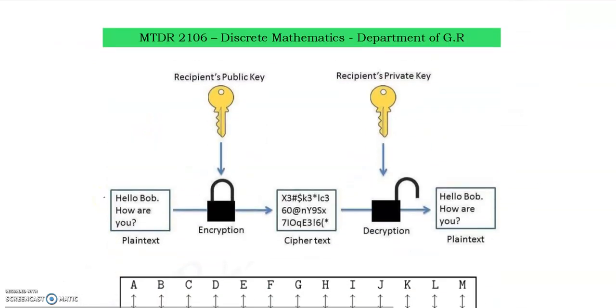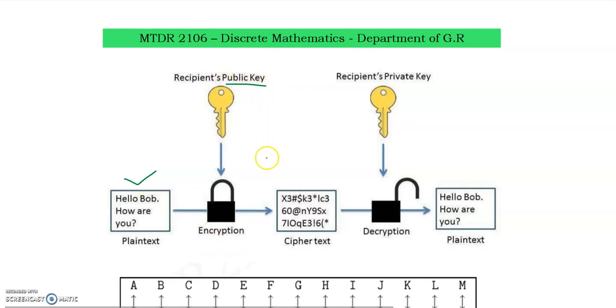Now, suppose this is the plain text, the real message. What we did in the encryption, by using the public key, we encrypted the real plain text message into the ciphertext. That is what we completed last week.